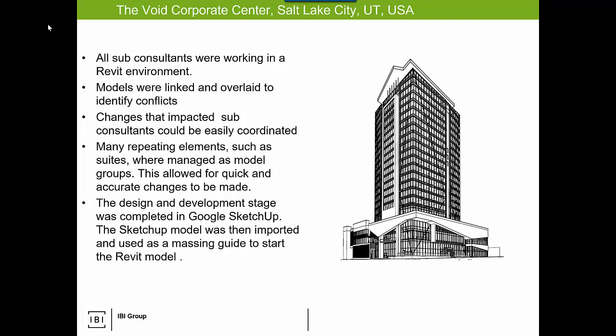They explored how to deal with multiple repeating elements, so suites that were common on various floors, how to allow for those, how to design it once, build it once, and utilize it throughout the complex. And then a lot of exploration with SketchUp and importing from SketchUp into Revit. Always be very careful. You don't want to convolute the BIM models with unrequired information.